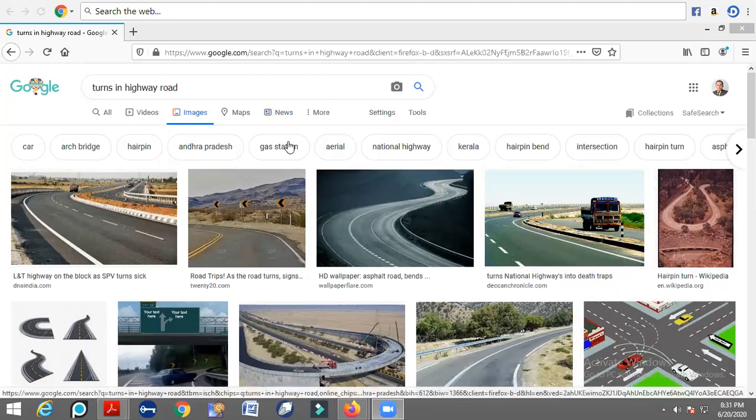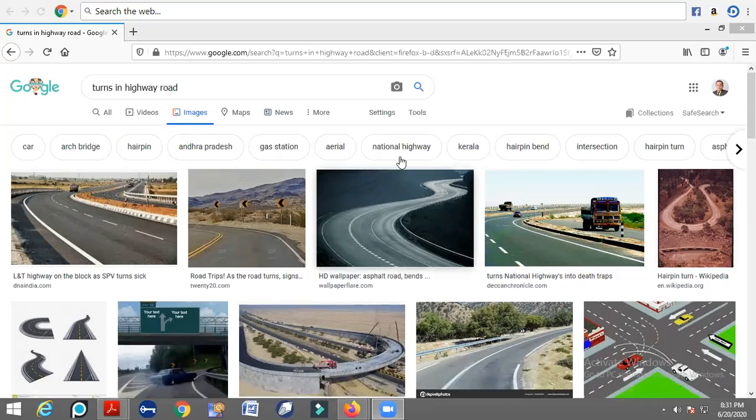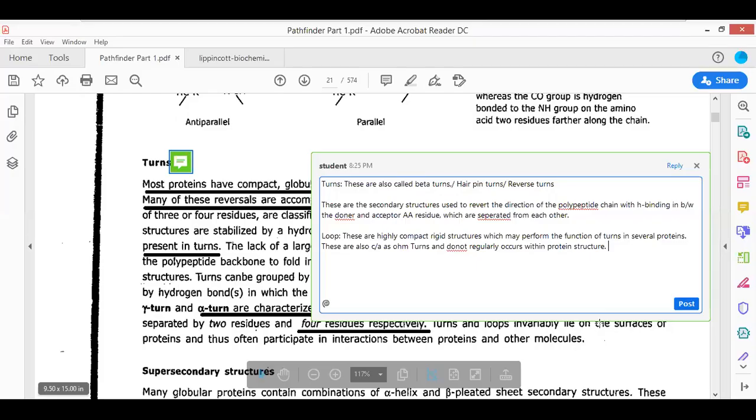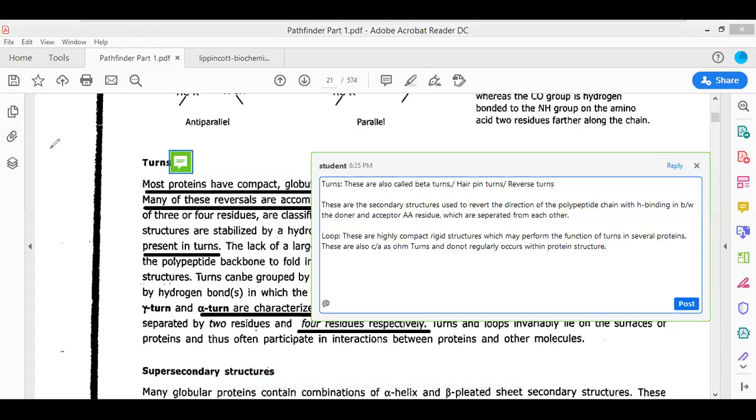Probably you might have understood, or if not, I cannot explain in a much better manner than this. You would have understood that turns alter the structure of the protein over a larger area. See how a turn alters the structure of protein. Now, how does a loop alter the structure of protein? This is how a loop is going to alter the structure of protein.